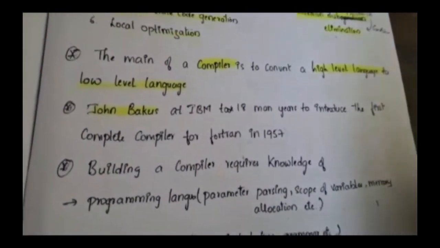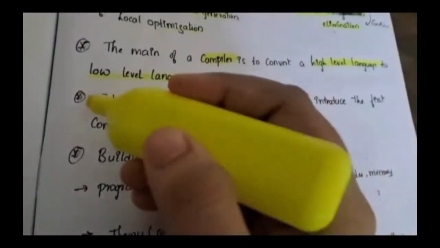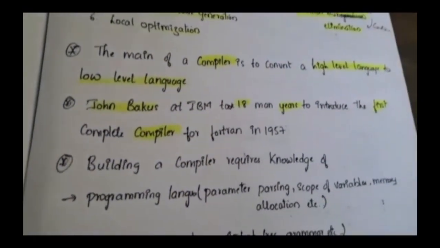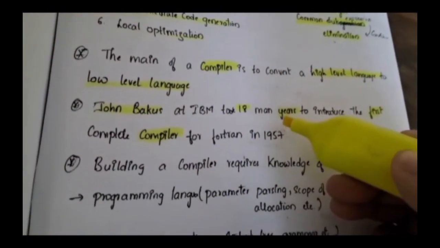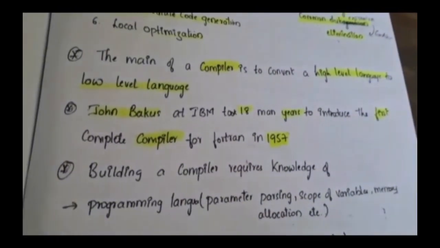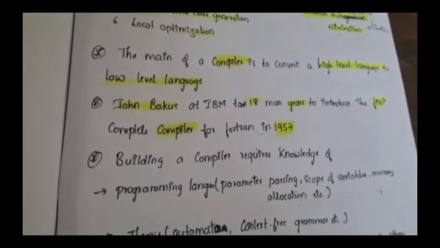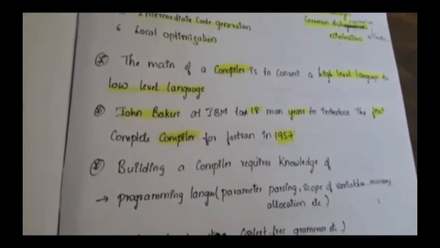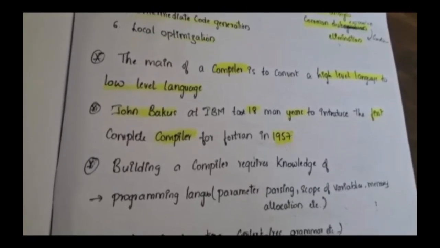He took 18 years to introduce the first complete compiler, in the year 1957. Today, people design a complete compiler within 4 months itself, but back then it took 18 long years to just introduce the first compiler.